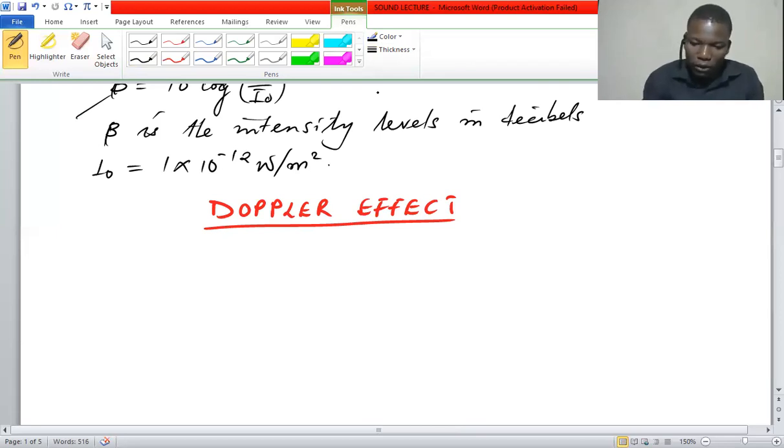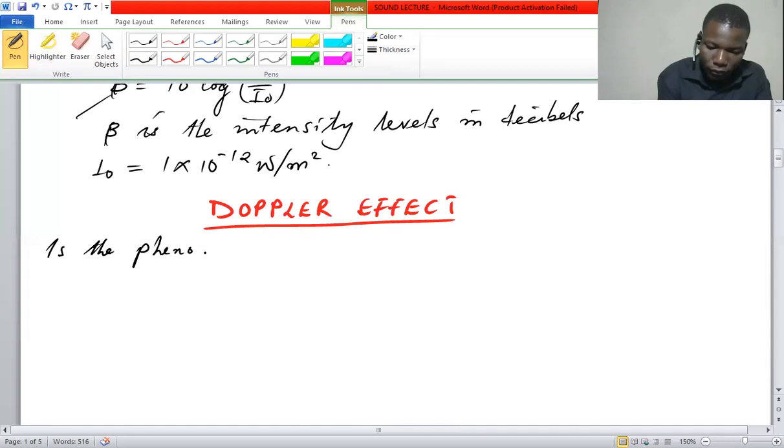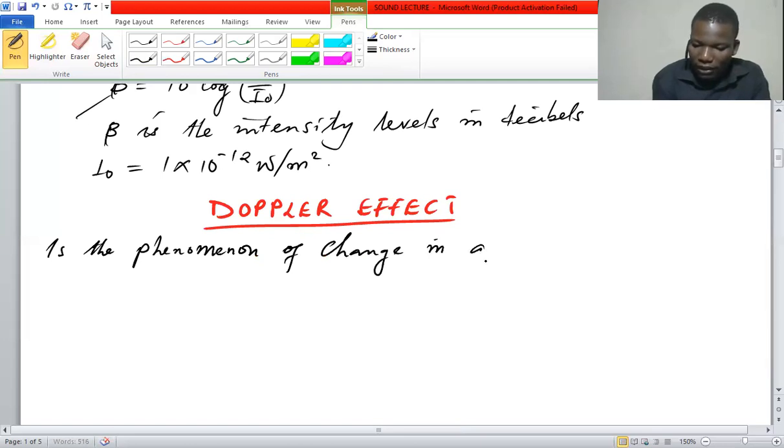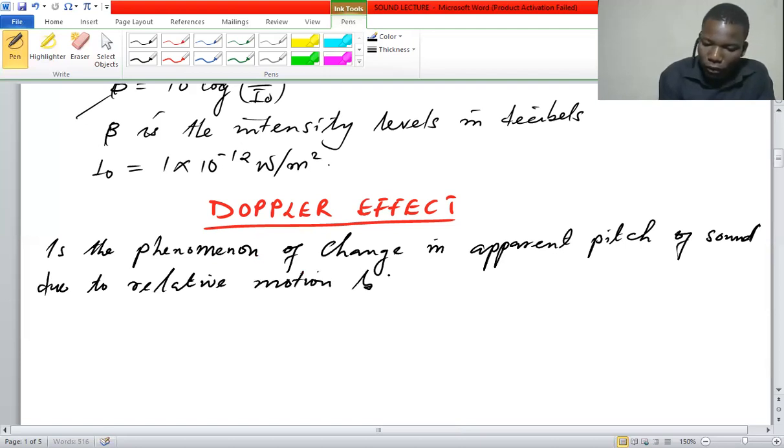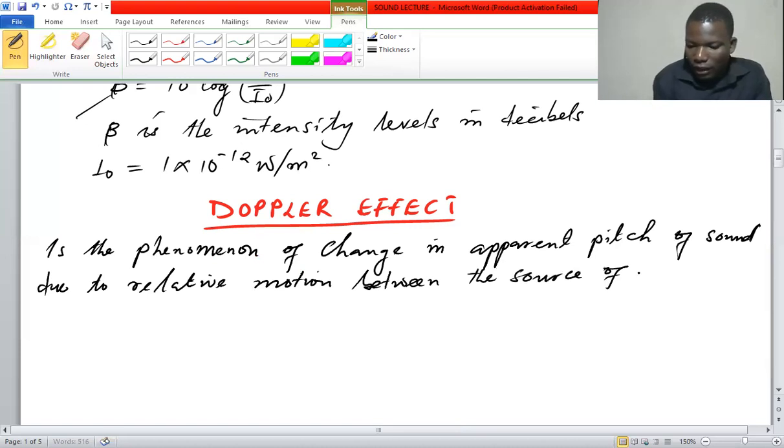So when we're talking about Doppler effect, it's a phenomenon of change in apparent pitch of sound due to relative motion between the source of sound and the observer.